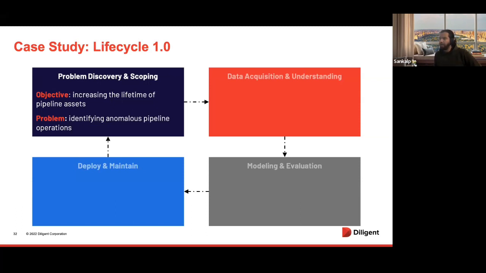Once we have a good idea about what the problem definition is, what the objectives are, and maybe a bit of scoping as well, then we move to the next phase, which is data acquisition and understanding. And the data in this case, for the sake of this example, you can think of as all the different kinds of sensor measurements, or the readings from the pipeline.